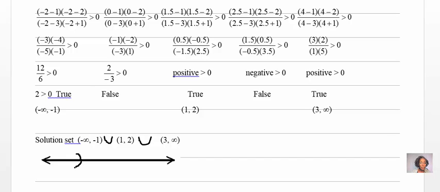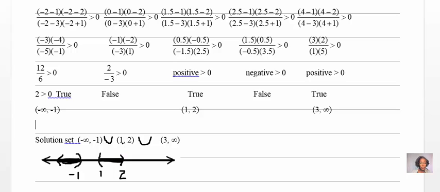We can have any number less than -1, so we shade that region. Any number between 1 and 2. So we put the appropriate symbol above.